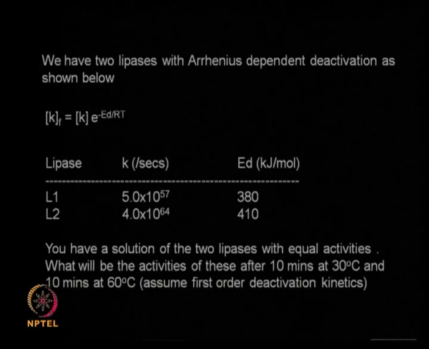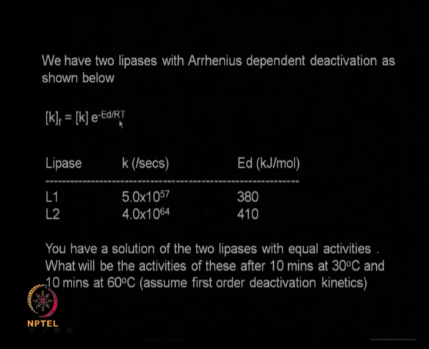Let us look at a problem related to the deactivation of an enzyme when we go to higher temperature. Generally we can assume an Arrhenius type of deactivation parameter. This is a typical Arrhenius type of relation, you might have studied it in school itself.